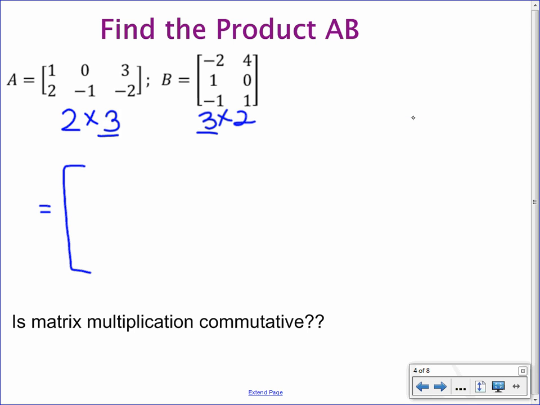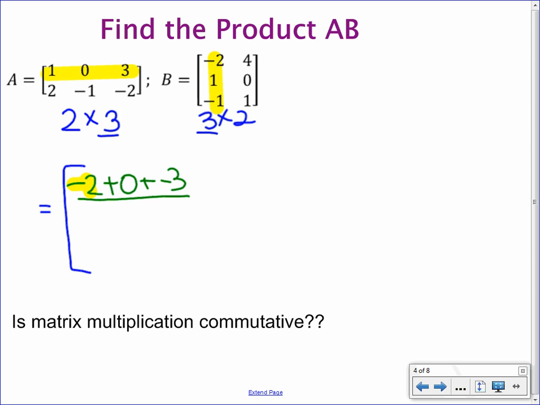Okay. First row, first column. What is 1 times negative 2, plus 0 times 1, 0, plus 3 times negative 1? That is 1 entry.